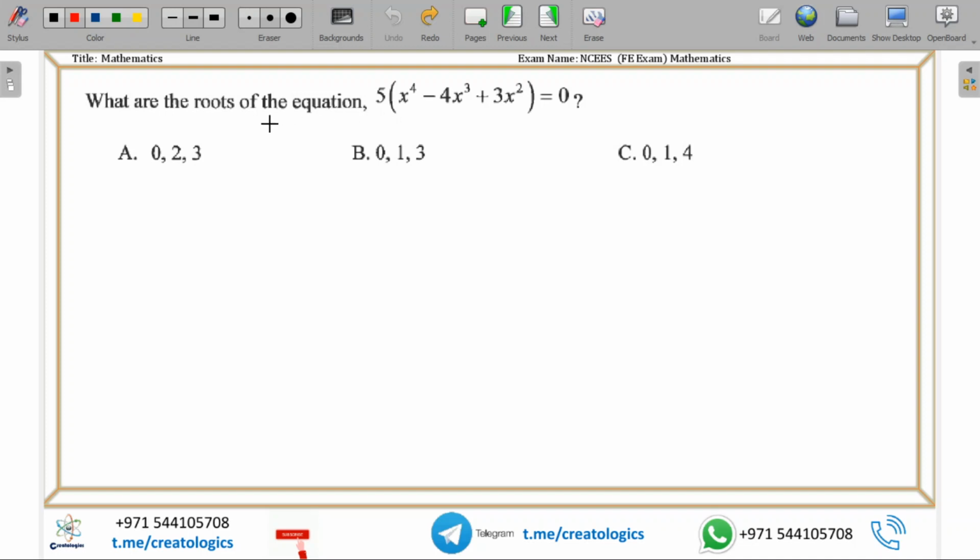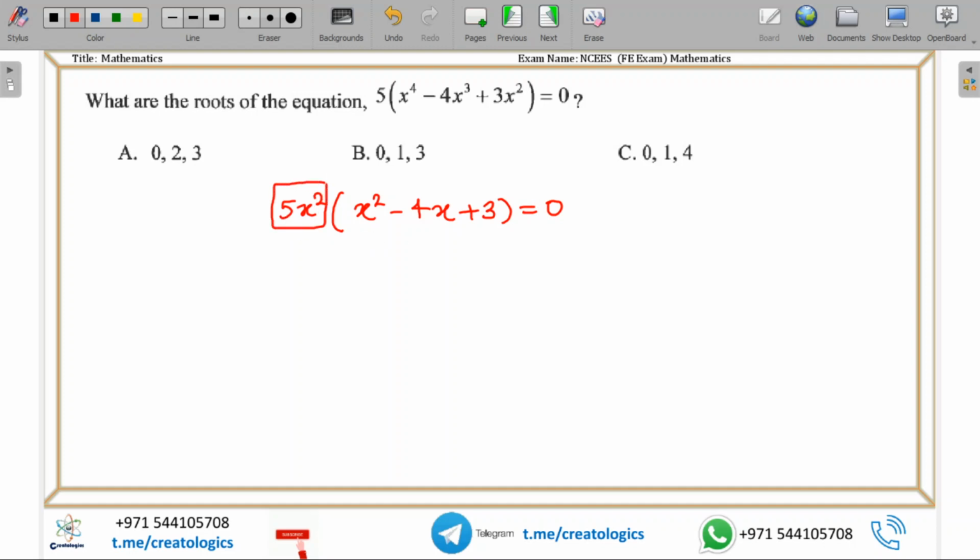You need to find the roots, meaning those values of x which satisfy this equation. Everywhere you can see x to the power 4, x to the power 3 and x squared, so you can take out x squared common. You get 5x squared times (x squared minus 4x plus 3) equal to 0. So you have two parts.